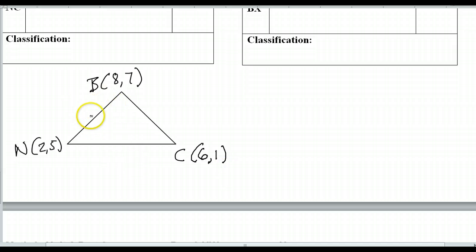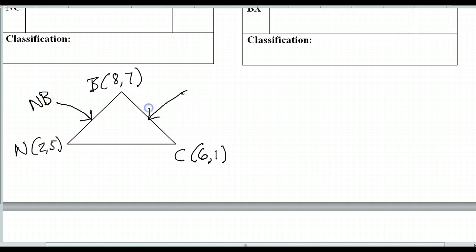We would like to know the lengths of each one of these sides. So of course this side right here is side NB. If I find the distance between N and B, that'll be this side.